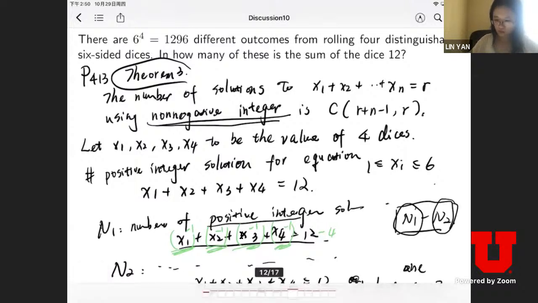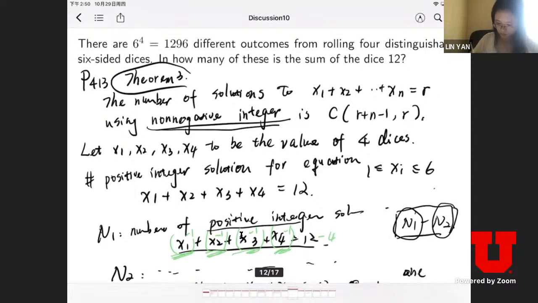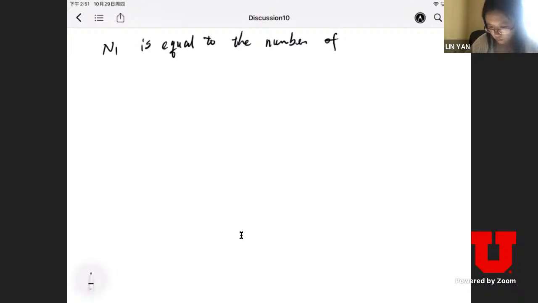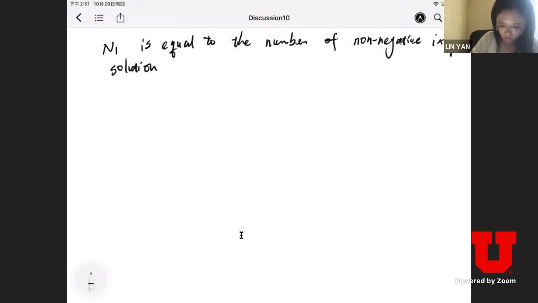So n1 is equal to the number of non-negative integer solutions of x1 plus x2 plus x3 plus x4 is equal to 8.